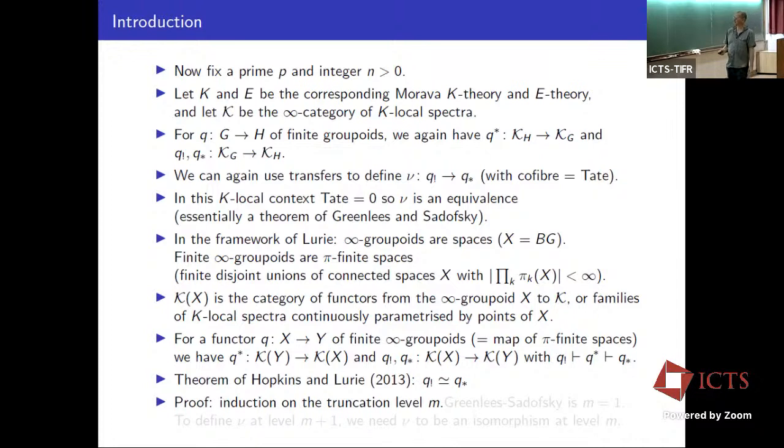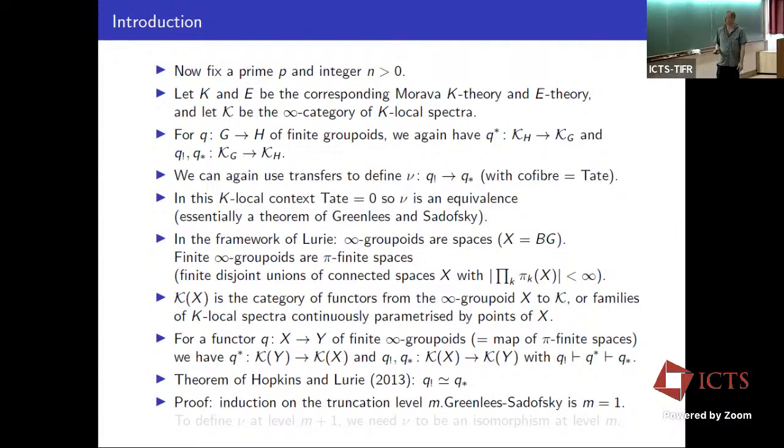So we do this by induction on the truncation level. You do have to start at m equals 1. There's this inductive method which doesn't work to get between m equals 0 and m equals 1. You do have to start with the thing that is proved by completely different methods in the last millennium. But from m equals 1 upwards, there's a uniform inductive procedure.